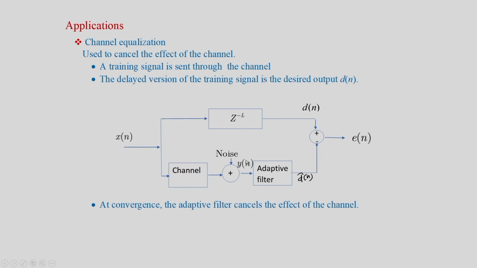So, that way we saw that this adaptive filter now can cancel the effect of the channel. At convergence, the adaptive filter cancels the effect of the channel. When this noise is not there, this adaptive filter will be the inverse filter corresponding to this channel. So, this channel equalization basically we can say that it finds an inverse filter to cancel out the effect of channel.